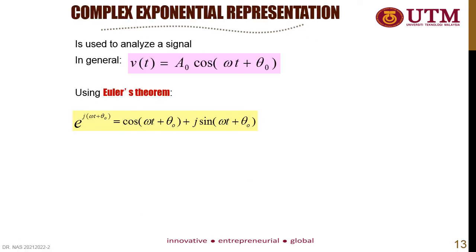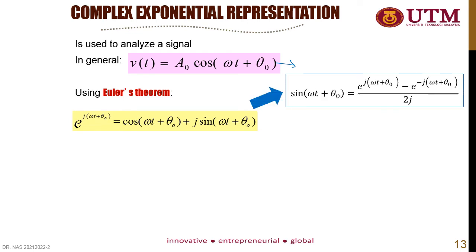The trigonometric equation can also be represented in complex exponential form by using Euler's theorem. We can get the equivalent exponential form for cosine and sine functions. For the sine function, sin(omega t plus theta) is equivalent to e to the positive j of whatever is in the bracket, minus e to the negative j of whatever is inside the bracket, divided by 2j.